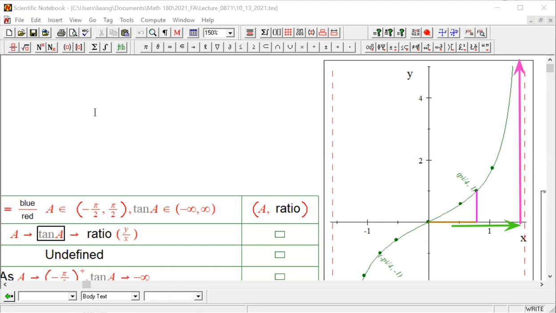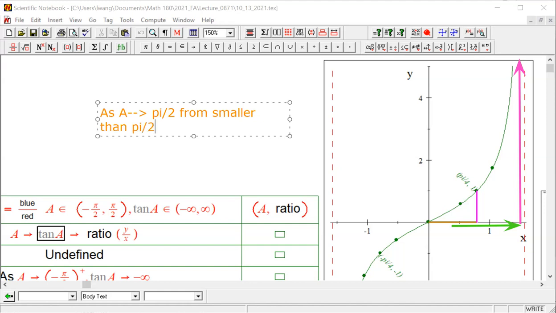This tendency we just observed is that as the angle approaches pi over 2 from smaller than pi over 2, you see that if you use words, that's a long description. But I will write down the mathematical notation later. Right now, you just write down the words.